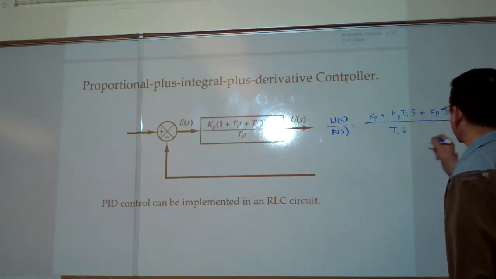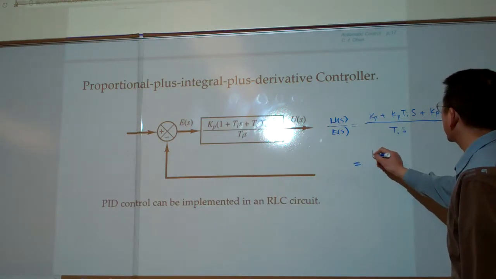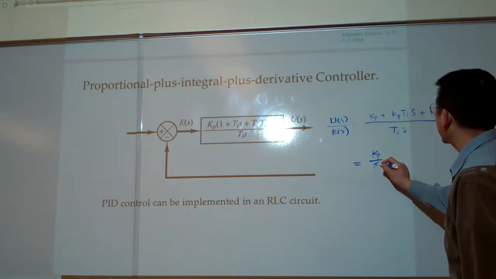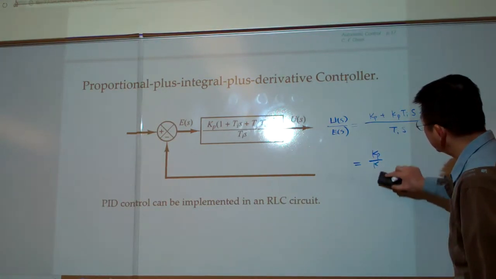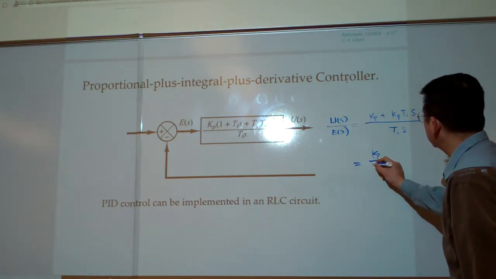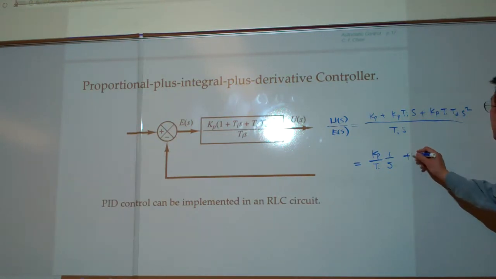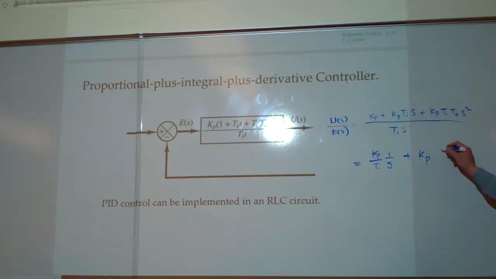That is equal to KP over TI times one over S, then the second term is simply KP, and the third term is KP TD S.